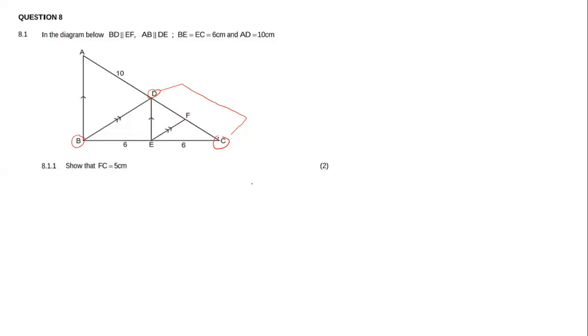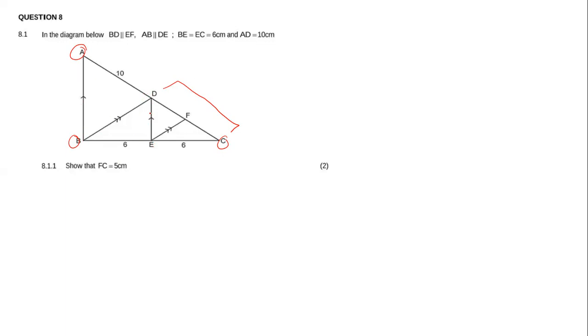I'm going to use the big triangle now. Which triangle to determine DC? Let's have a look at that triangle. Triangle ABC can actually help me to calculate DC. How? I can talk about the midpoint again. I can see I have parallel lines, which are DE and AB, right?